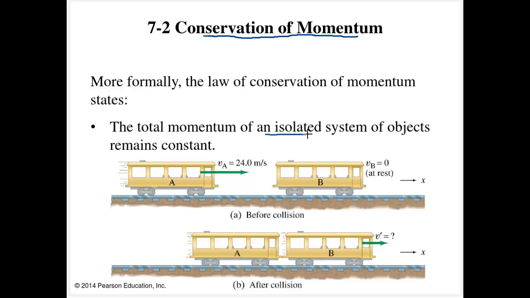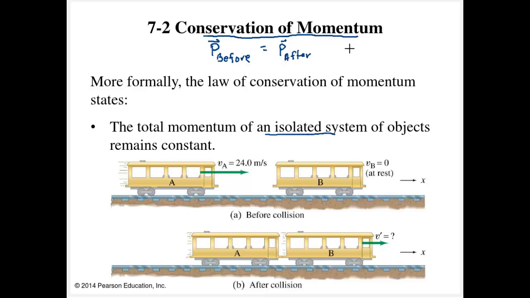When I say isolated system, I mean no external forces, no friction, no wind, nothing like that. We can write this simply by saying that the momentum before a collision must be equal to the momentum after a collision.